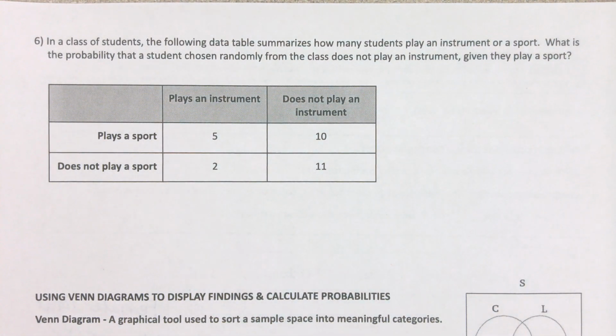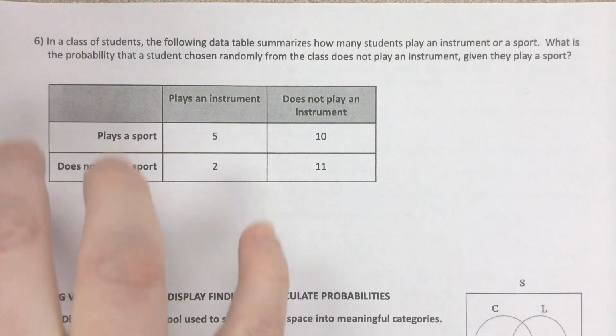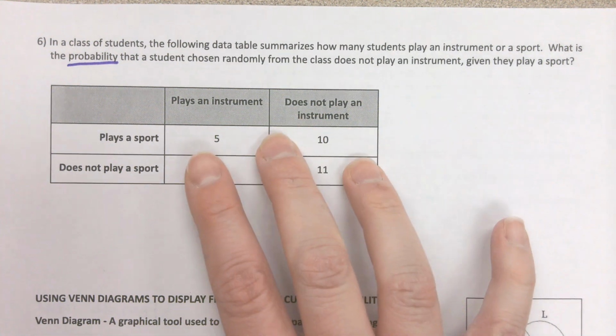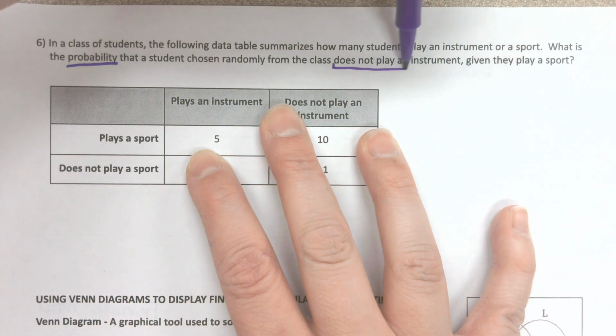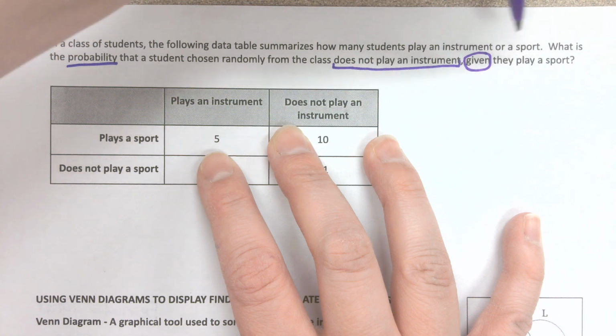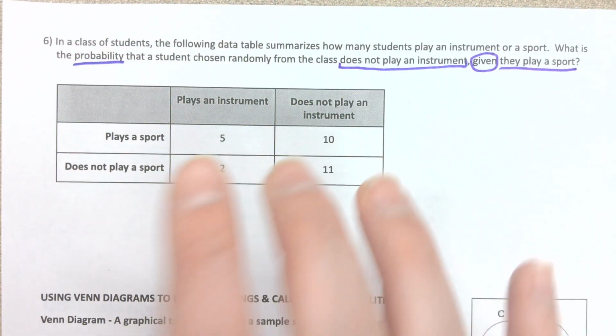Number 6. In a class of students, the following data table summarizes how many students play an instrument or sport. What is the probability that a student chosen randomly from the class does not play an instrument given, circle it, they play a sport?